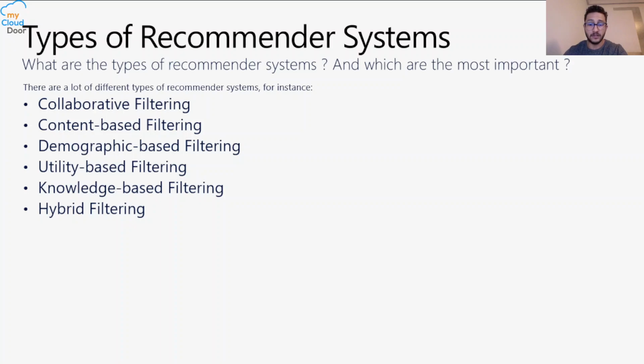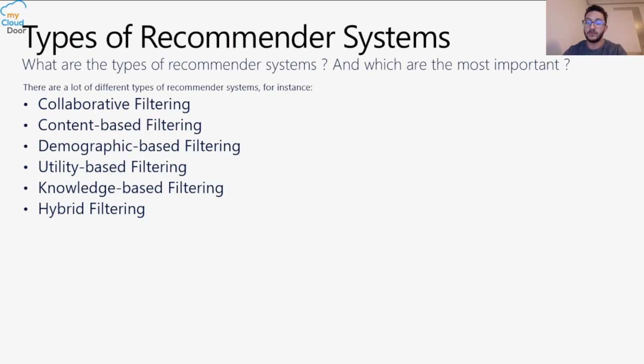So we have the content-based filtering, as we said, and the collaborative filtering. These two are the bread and butter of recommendation systems. And the first one analyzes the nature of each item. So, for instance, recommending poems to a user by performing natural language processing on the content of each poem, like the item itself.